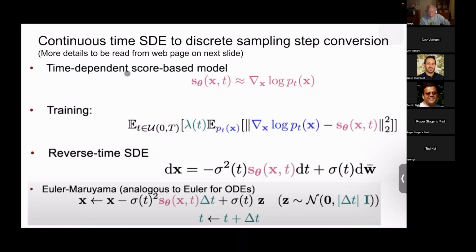What I said in the previous slide, you have the time dependent score model that you are estimating.